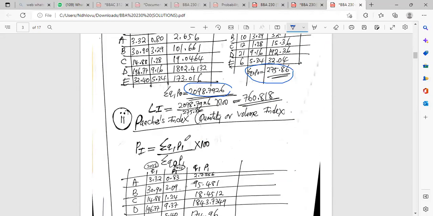So this one, the quantity or volume index, is the summation of Q1 P1 over the summation of Q0 P1.